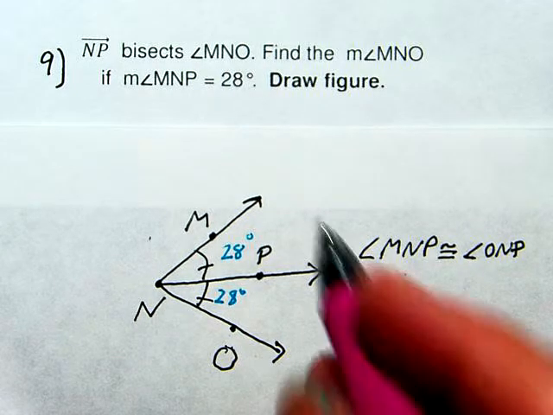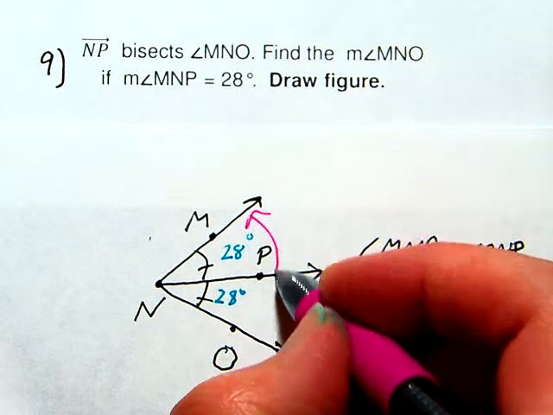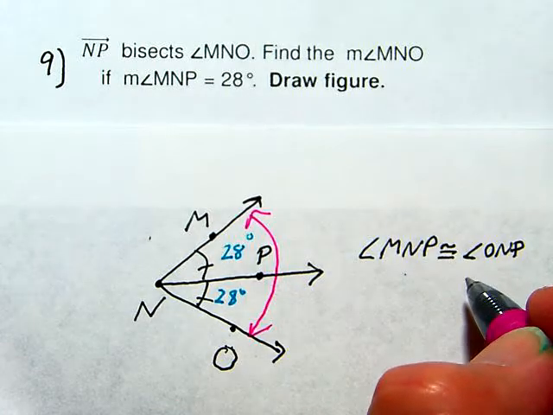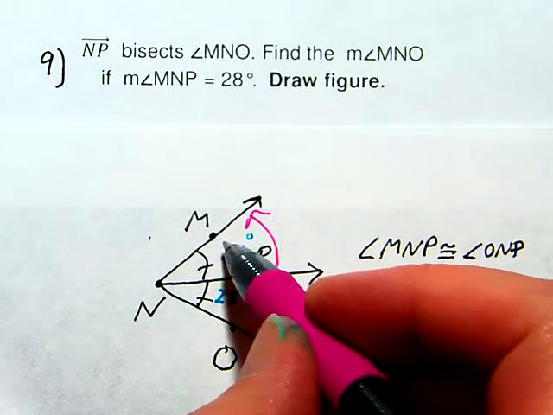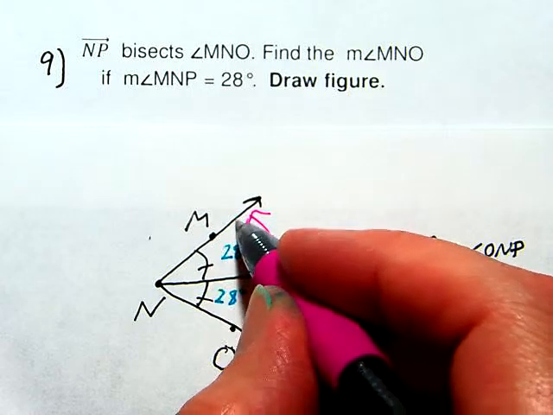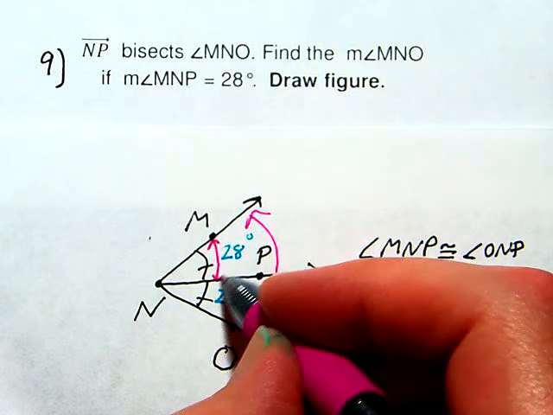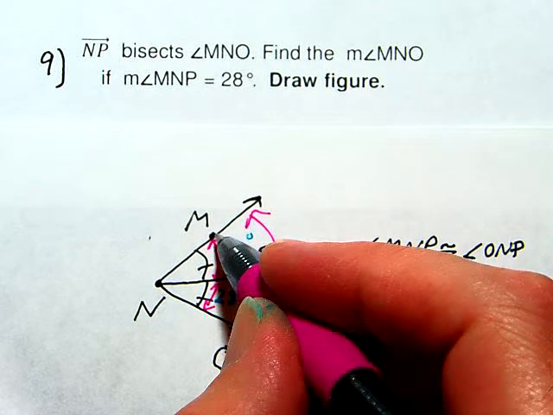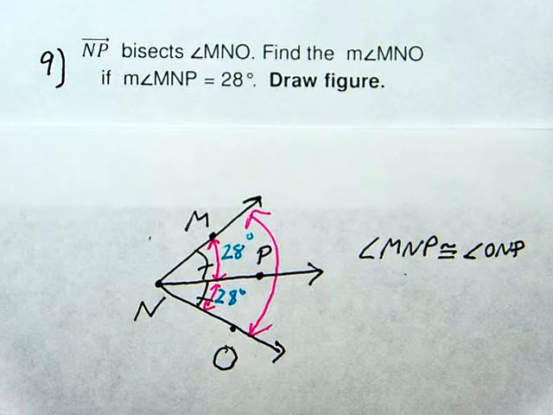Well, I hope you see that MNO is this entire angle, and it is going to be equal to 28 plus 28, okay, because it is the sum of this angle plus this angle. Two angles, added together, create the bigger angle.